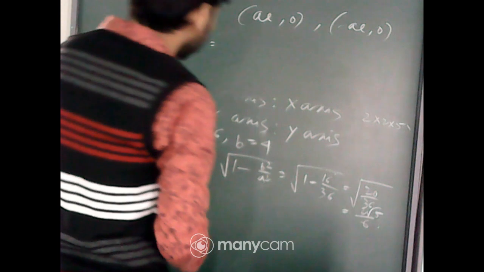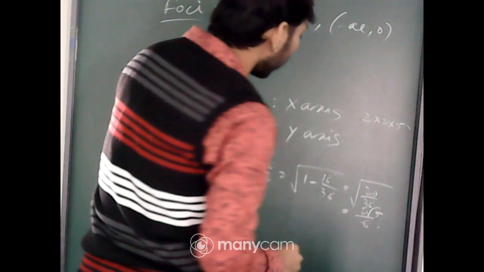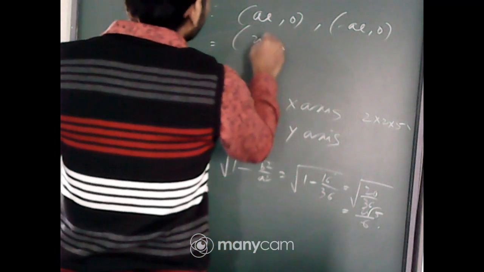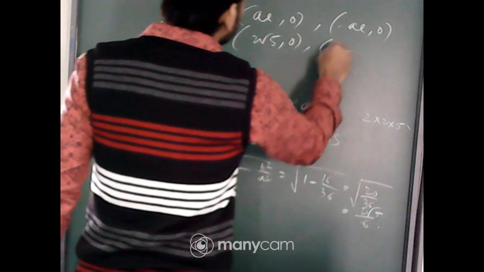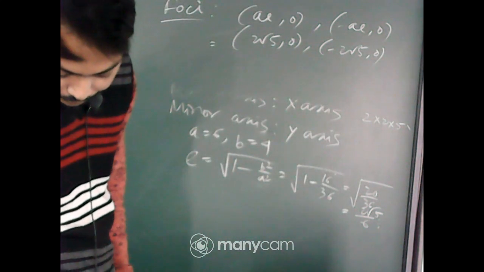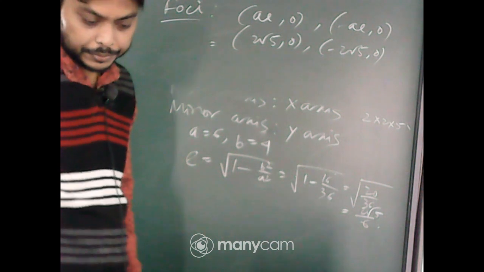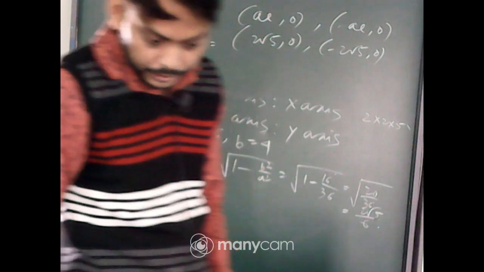So a means 6. So 6 into 2 root 5 by 6, cancel out. So 2 root 5 comma 0 and minus 2 root 5 comma 0. Isn't it? The foci. Okay.